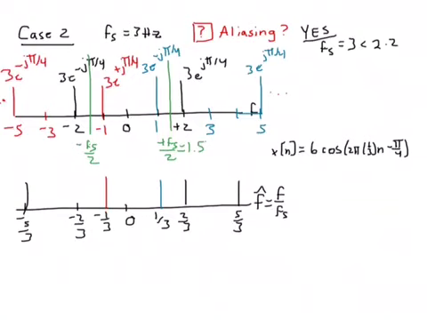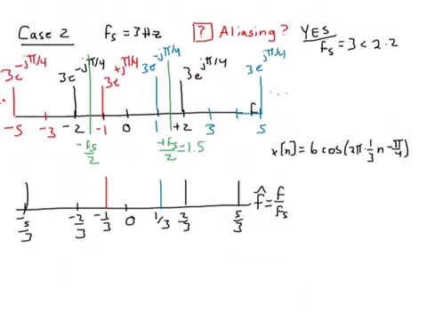So that's our equation: x[n] = 6 cos(2π(1/3)n − π/4).